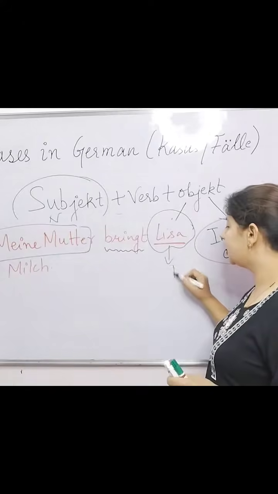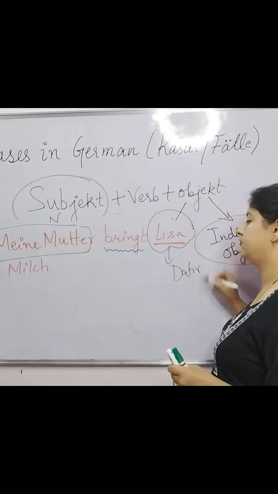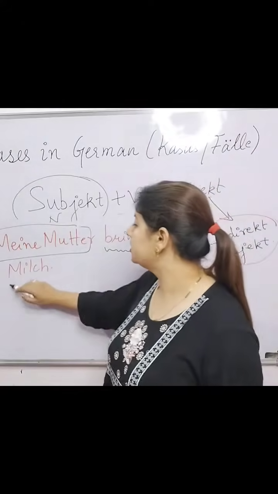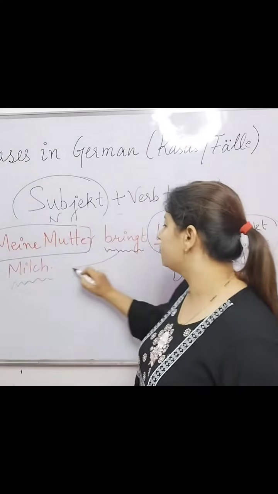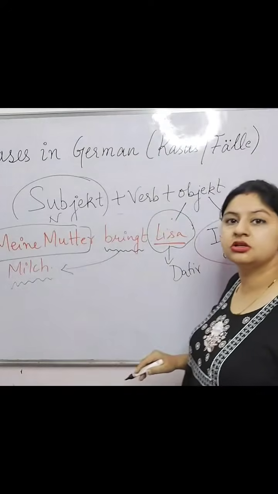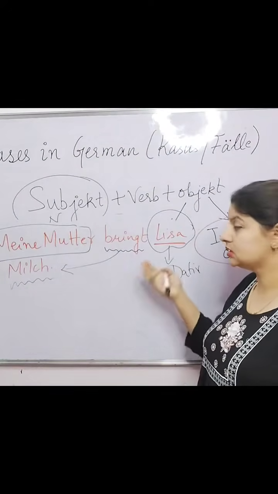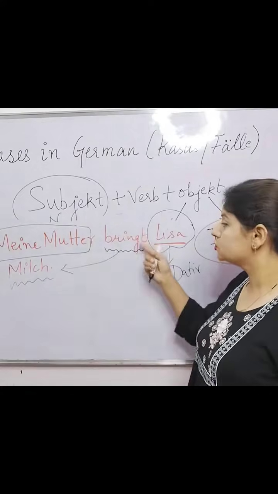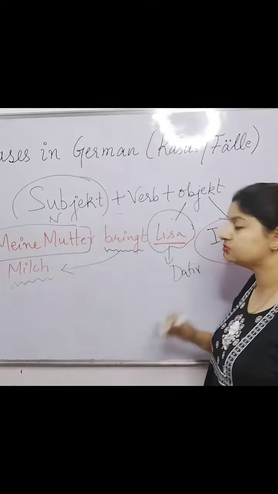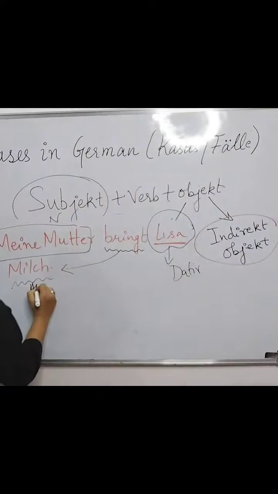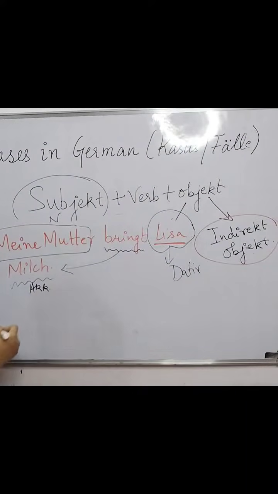So Lisa is my dative. And Milch, obviously, what are we bringing? Milch. So we are putting the action directly on the Milch. So Milch is our accusative. One more example we are going to do.